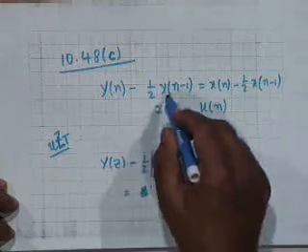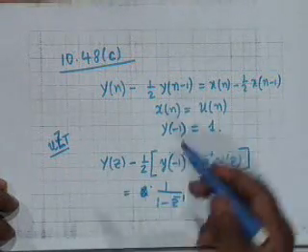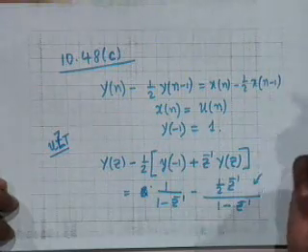Otherwise, we would have required a u of minus 1. What is u of minus 1? It is 0. This point must be understood, that y of n minus 1 we wrote like this, but x of n minus 1 we simply write as z inverse X of z. This is because x of n is specified as u of n. For an arbitrary function, we would have required x of minus 1. We don't require it here because x of n is u of n and u of minus 1 is equal to 0.